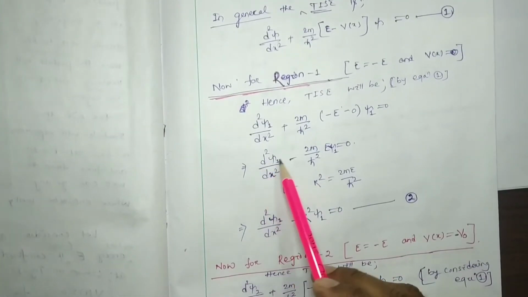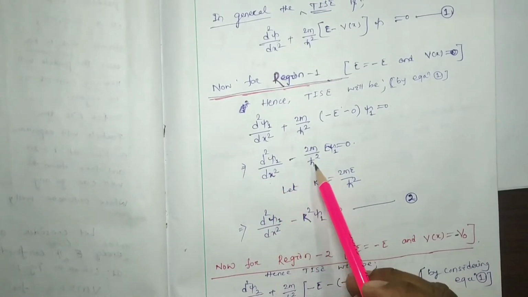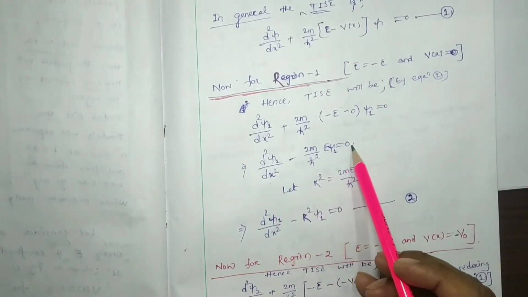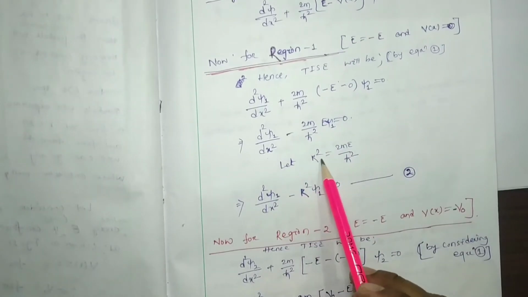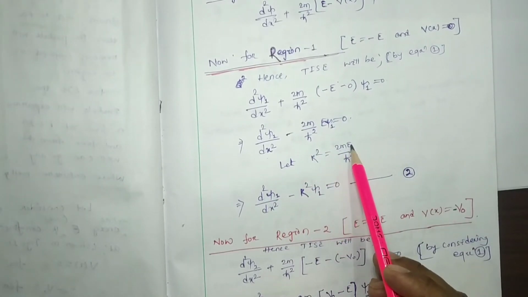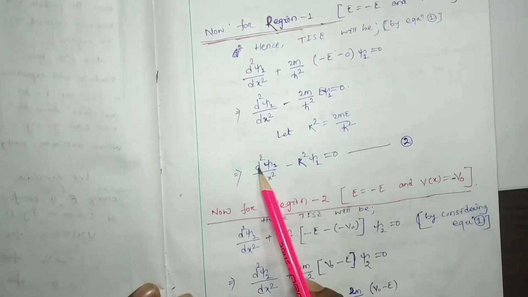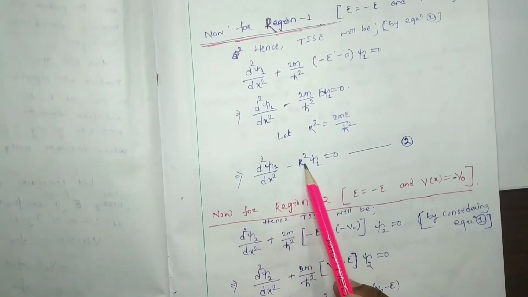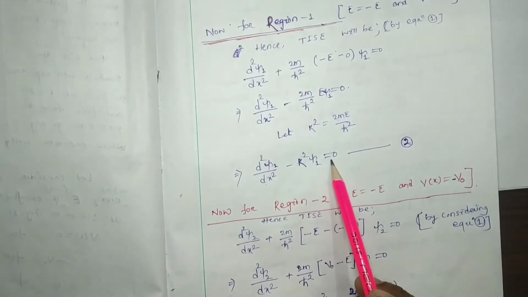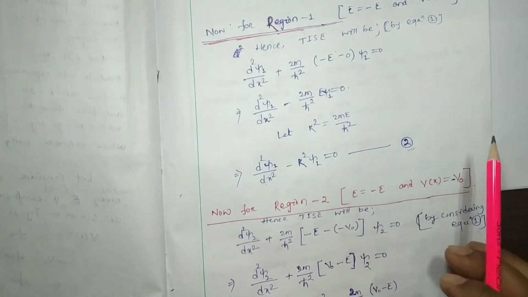That implies d square psi 1 by dx square minus 2m by h cross square E psi 1 equal to 0. Let k square equal to 2mE by h cross square. So this equation will be d square psi 1 by dx square minus k square psi 1 equal to 0. Let it be equation number 2.